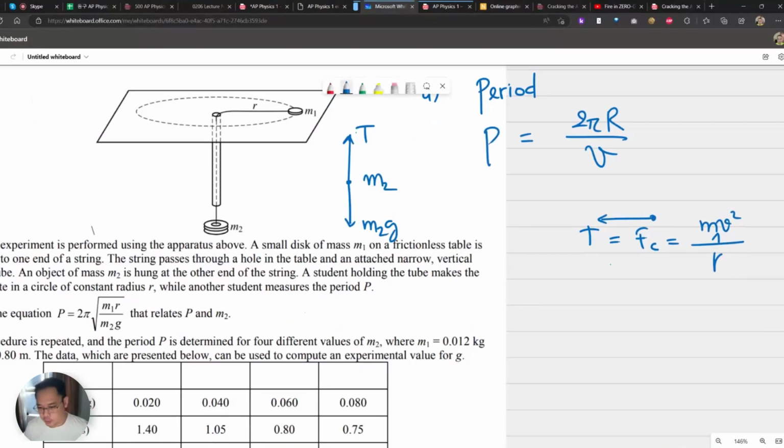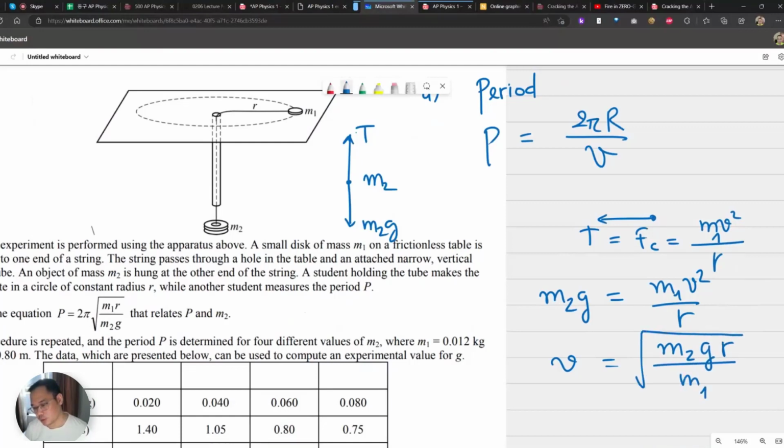So we have the equation m2 g equals m1 v squared over r. We want to find v from this. So v is m2 g multiplied by r divided by m1, and then take the square root. And finally plug in here.